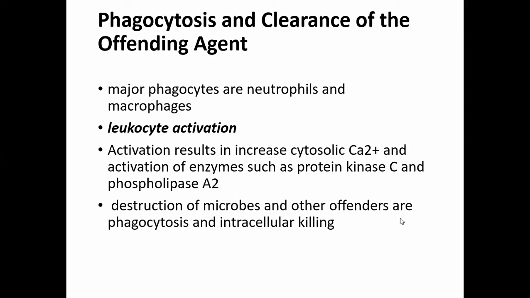This activation results from signaling pathways triggered in the leukocytes, resulting in an increase in cytosolic calcium and activation of enzymes such as protein kinase C and phospholipase A2. The destruction of the microbes and other offenders occurs by phagocytosis and intracellular killing. Several other responses aid in the defensive function of inflammation and may contribute to injurious consequences.